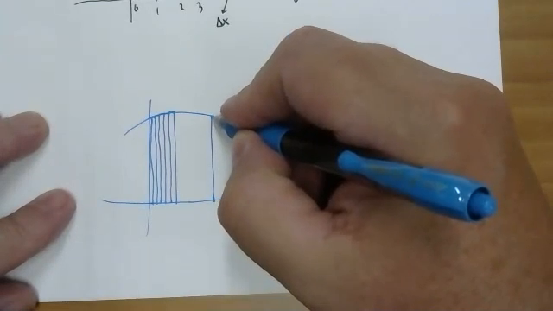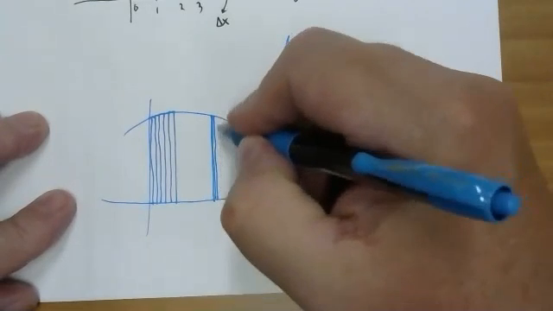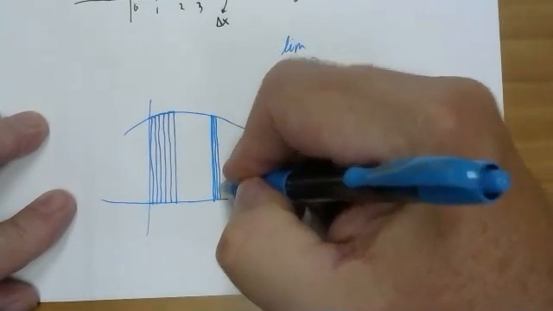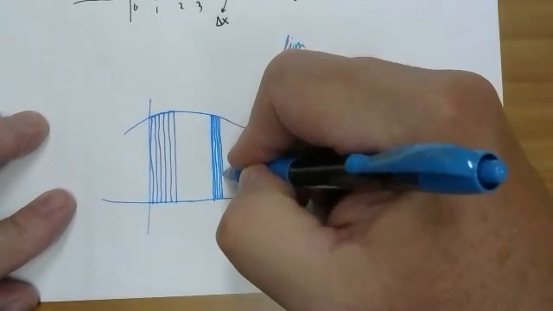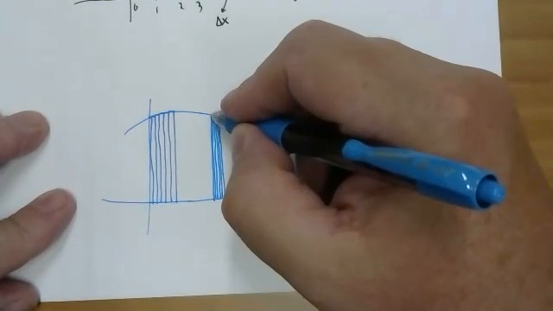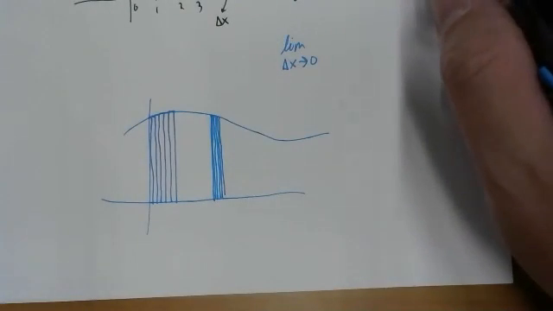It's so narrow. And you can see with really, really narrow rectangles, it's almost tracking the actual curve.